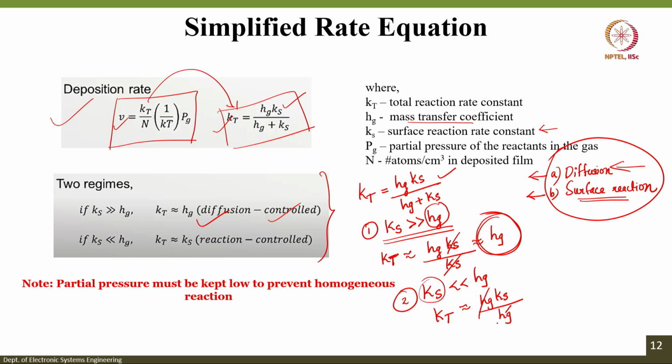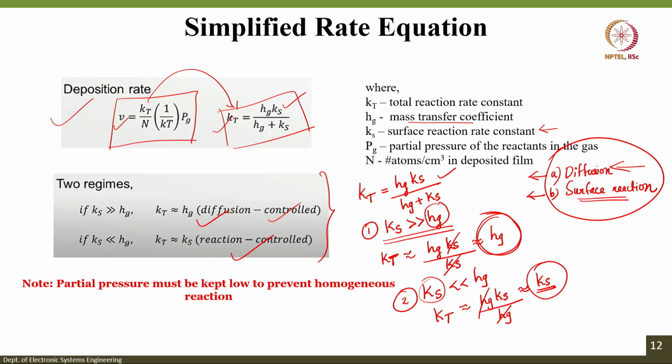So when you simplify this equation, Kt is approximately equal to Ks. So in this case, the chemical vapor deposition process is said to be operating in the reaction controlled regime. These are the two basic regimes in which a CVD reactor can operate, either the diffusion controlled regime or the reaction controlled regime.